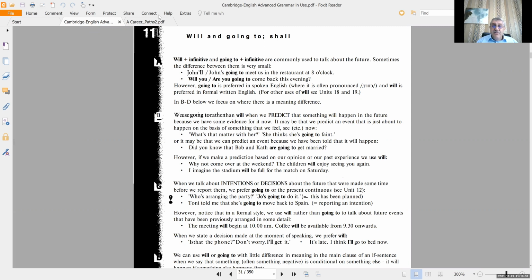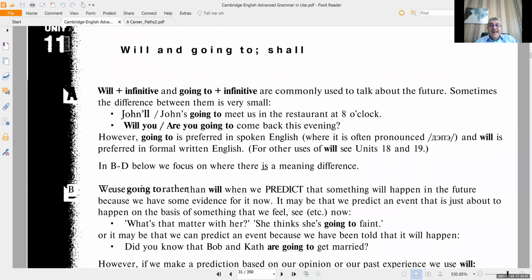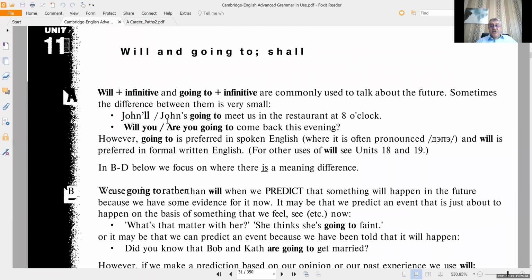In the last units, we talked about present simple, present perfect, and present continuous. We talked about also past simple, past continuous, past perfect, and past perfect continuous. Today, we are going to finalize the issues related to grammar, and we are going to deal with the future, how to talk about the future.